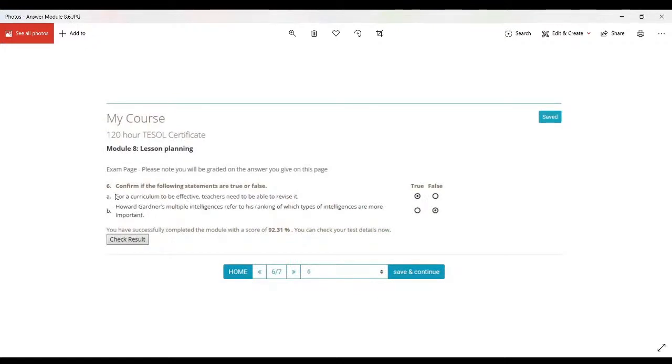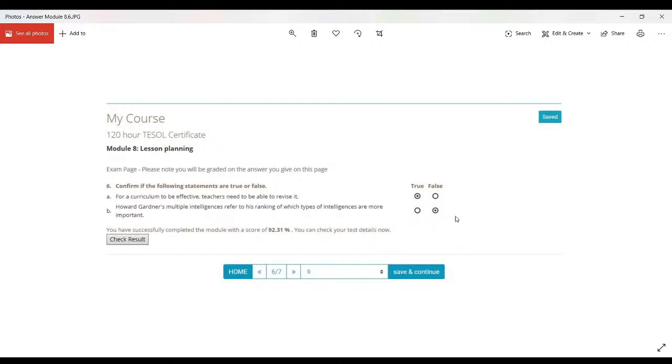Number 6, confirm if the following statements are true or false. Letter A, for a curriculum to be effective, teachers need to be able to revise it. True. Okay. And letter B, Howard Gardner's multiple intelligences refer to his ranking of which types of intelligences are more important. False.